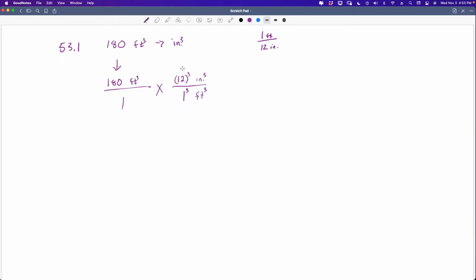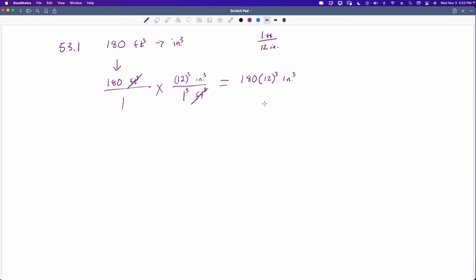Each part, the number and the unit of measure, all has to be cubed. Then you can cancel this, and then you can get your answer. So then you have 180 times 12 cubed in inches cubed.